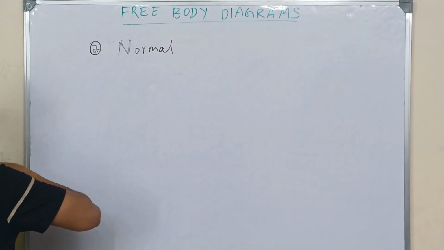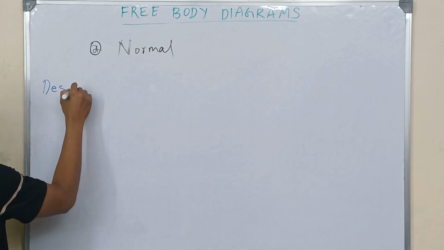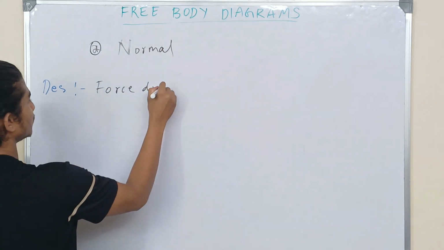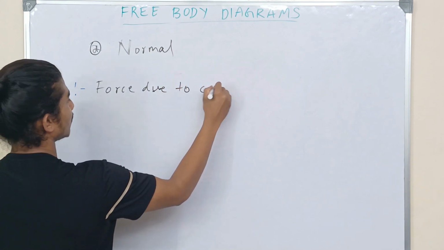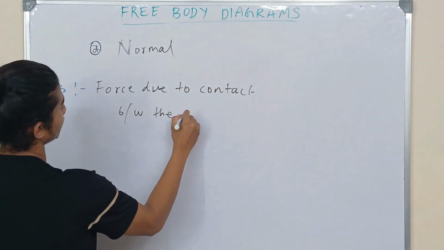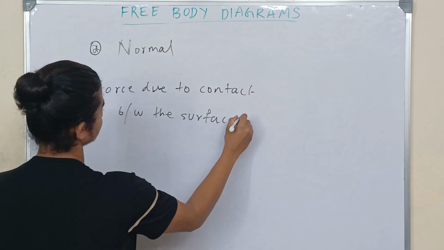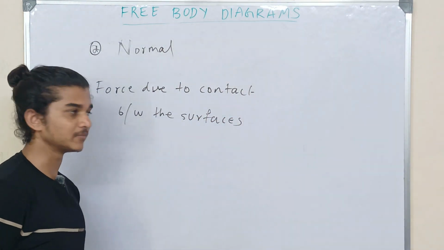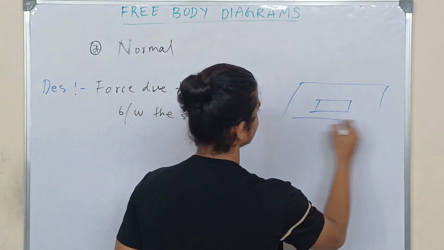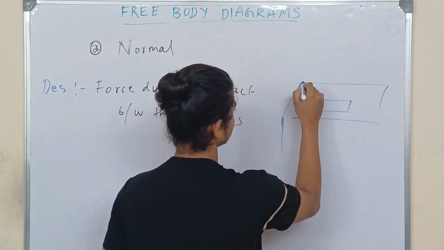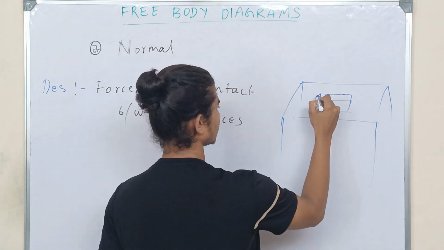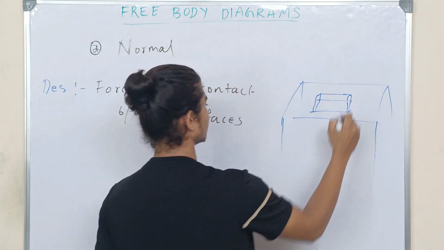Now the description for this is force due to contact between the surfaces. Suppose you have a book placed on the table. So this is the table, in three dimensions, and this is the book placed upon it.